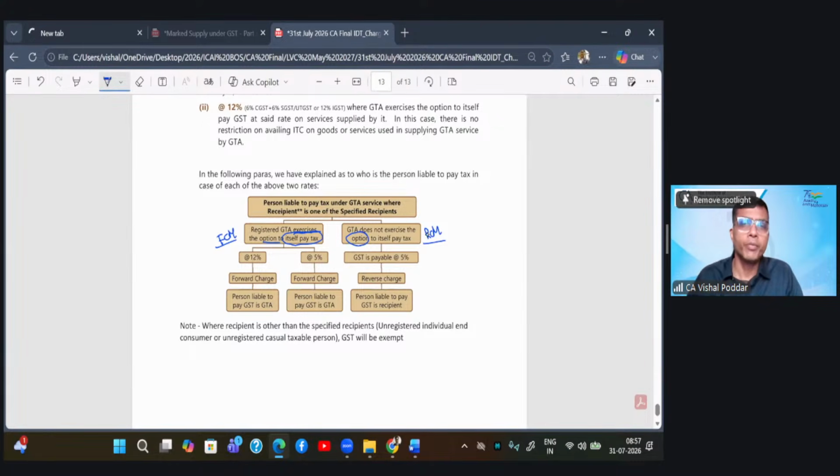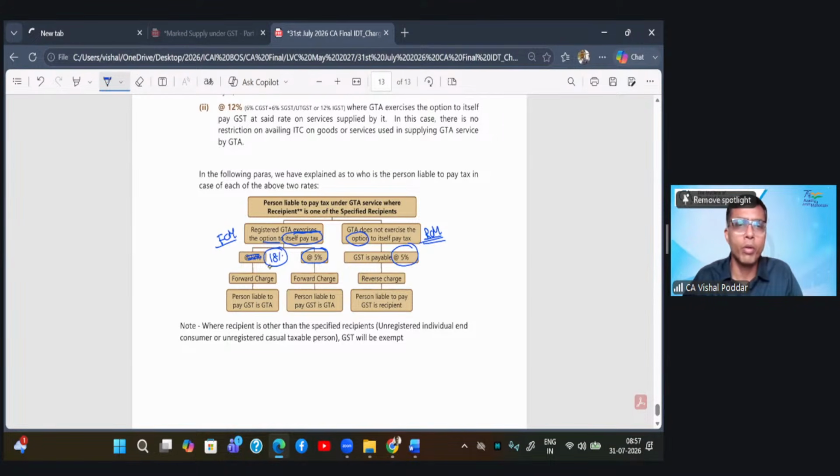Now, if you have opted for RCM, there is only one GST rate applicable, which is 5%. But if you are under FCM, you again have two options, 5 and 18. So within FCM, you have two rates which are applicable, either 5 or 18. Now you say, sir, what is the difference between 5 and 18? Why will anybody opt for 18?